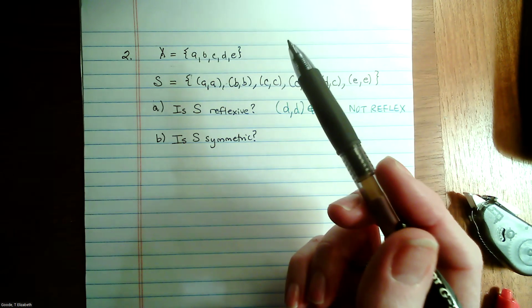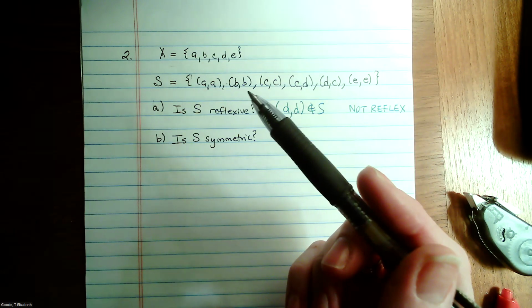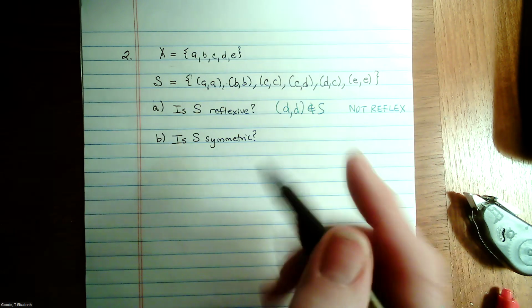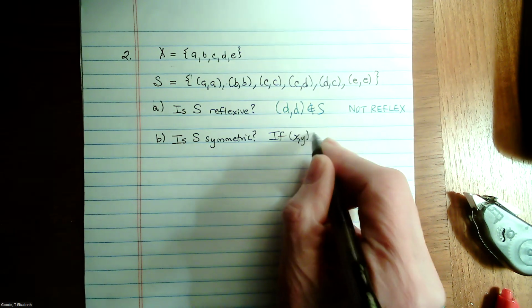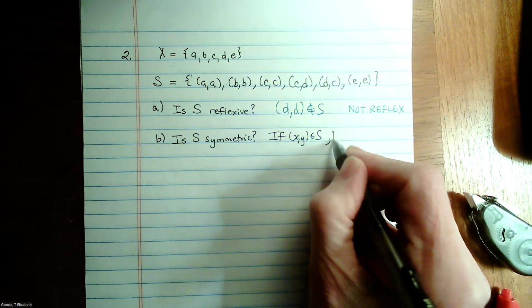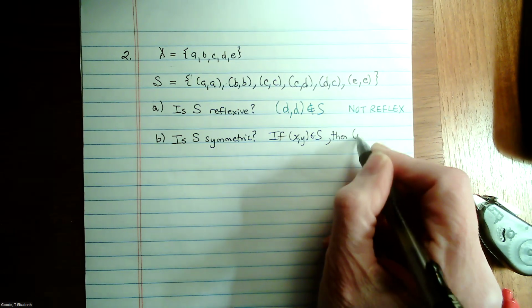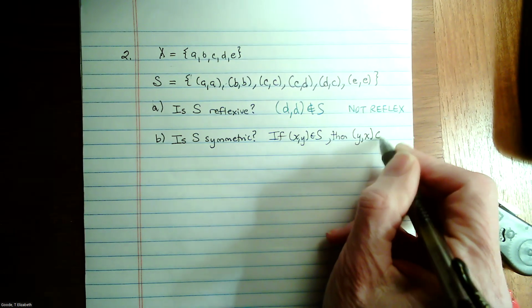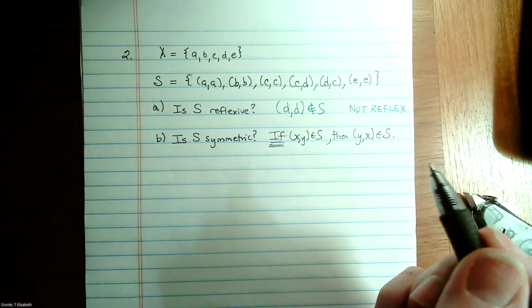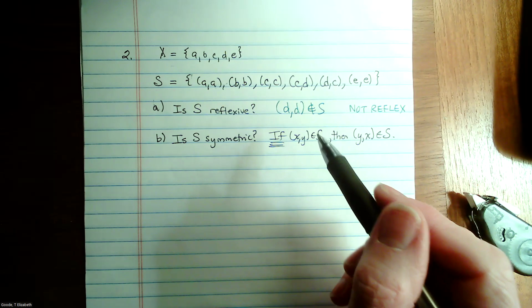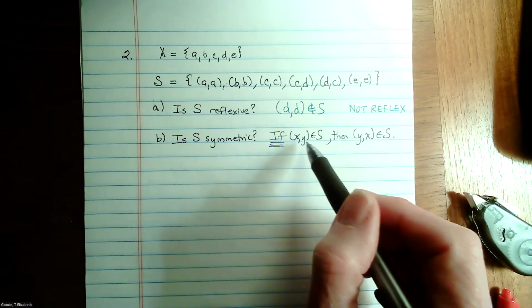It's if you have an ordered pair, little x comma little y in S, then y comma x must be in S. It's an if. It doesn't say you have to have little x comma little y.